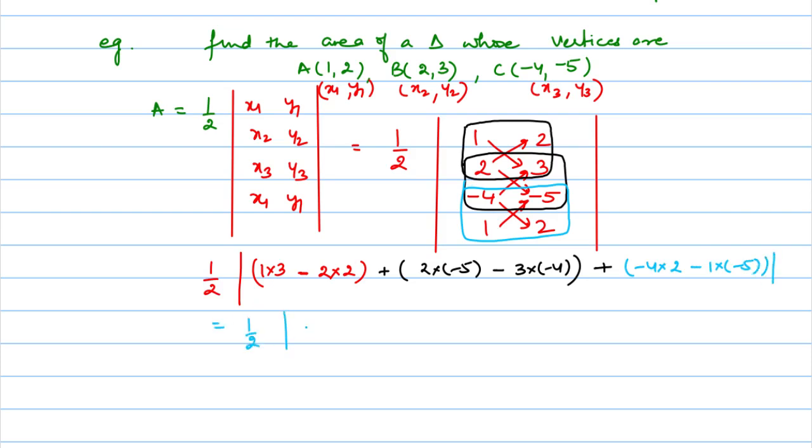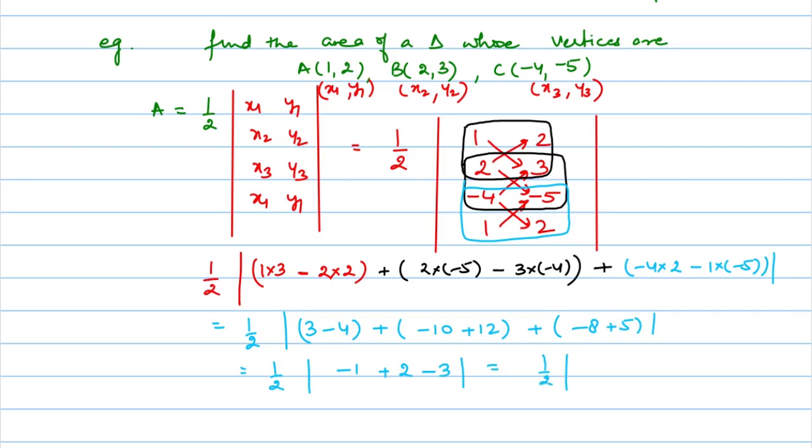Half, 3 minus 4, plus -10 plus 12, plus -8 plus 5. This is simple arithmetic. -1 plus 2 minus 3. What do we get?